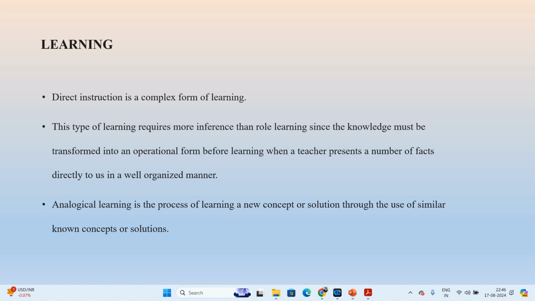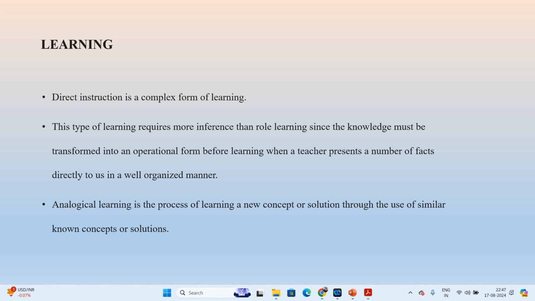Okay, and the next one is direct instruction. This direct instruction is normally a more complex form of learning. Teachers normally give instructions in student-understandable forms, so it is a complex form of learning. The teacher gives some assignment to the students in their own understandable language, and the teacher should also teach how it can be solved, the various kinds of techniques.